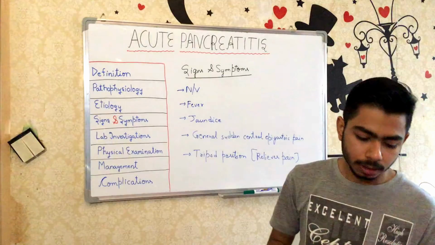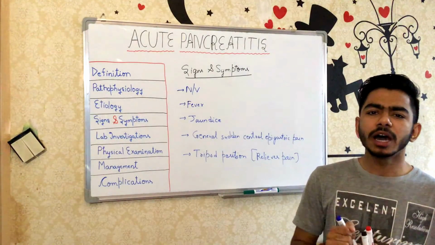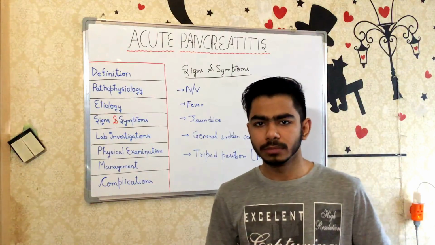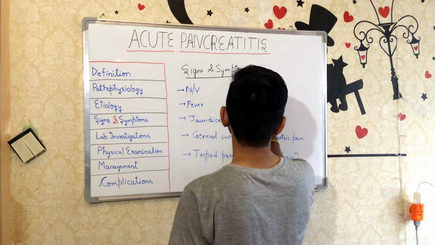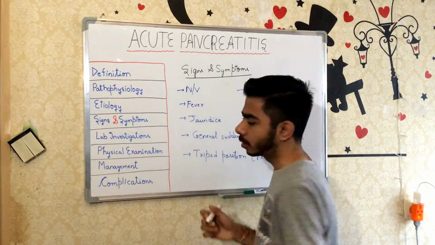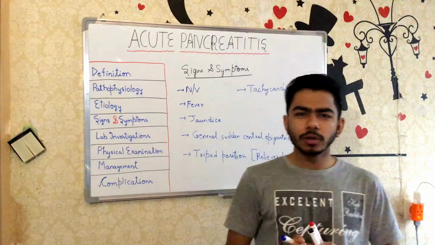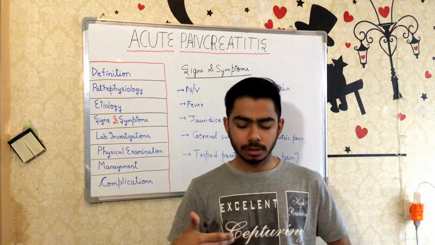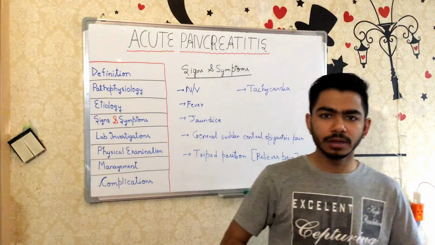Now, also there will be a high heart rate for such patients. Tachycardia. They would have tachycardia. Now, I have told you about the pain. It will be a sudden central epigastric pain.